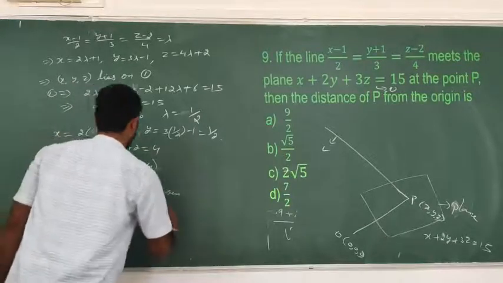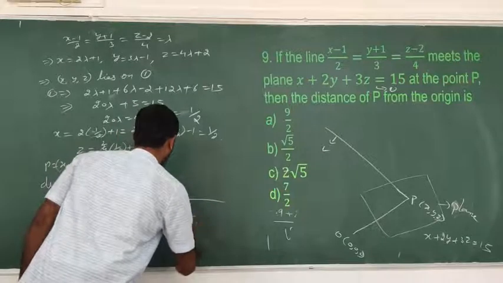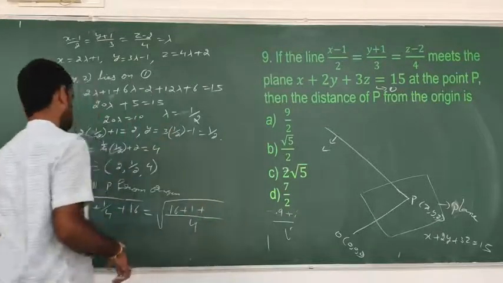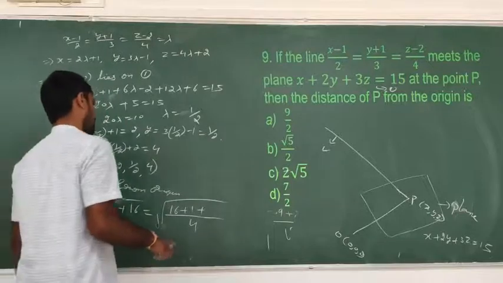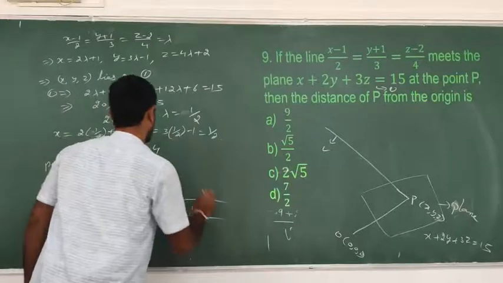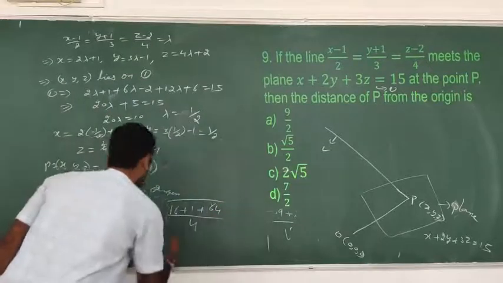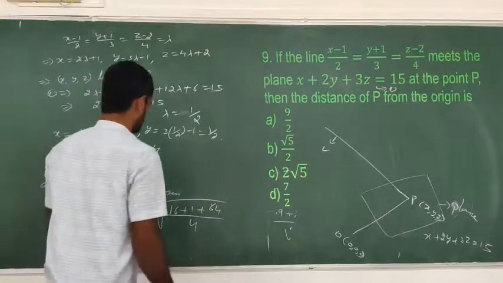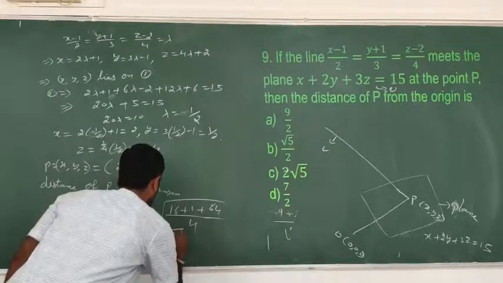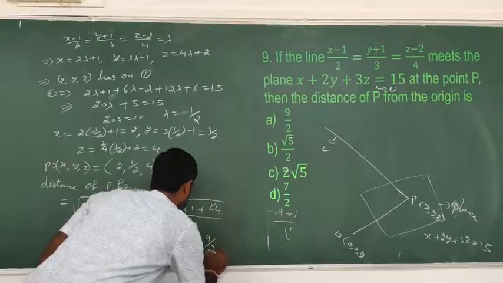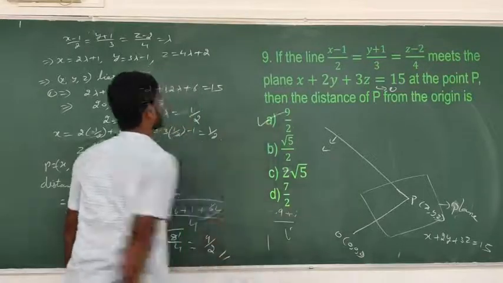So this is equal to square root of 4, LCM, 16 plus 1 plus 16. 16 4s are 64. So that is equal to 64 plus 16 is 80, 80 plus 1 is 81. So that is square root of 81 by 4. So that is equal to square root of 81 is 9, square root of 4 is 2. So therefore option A is the right answer.